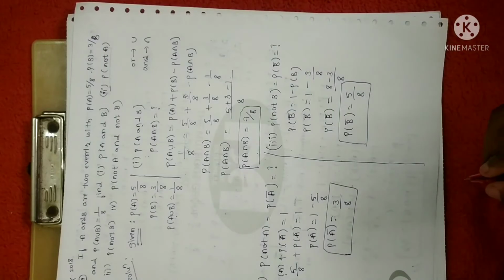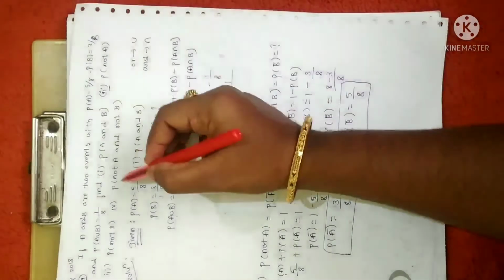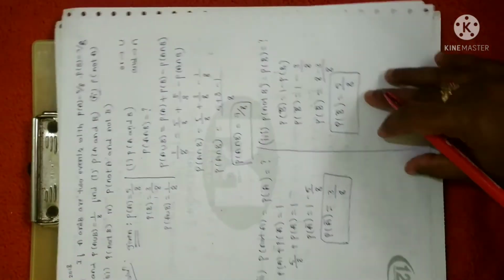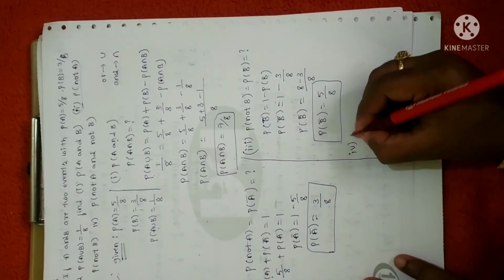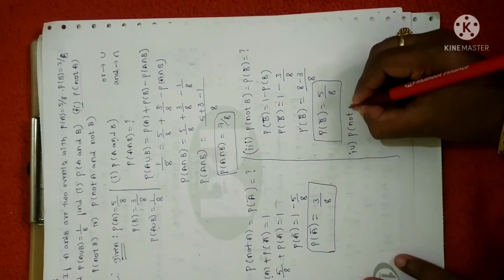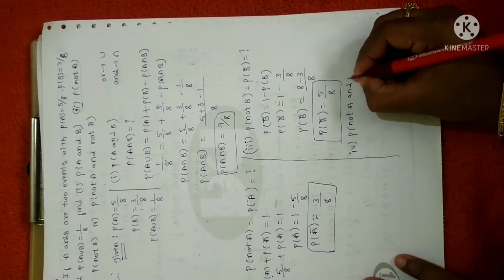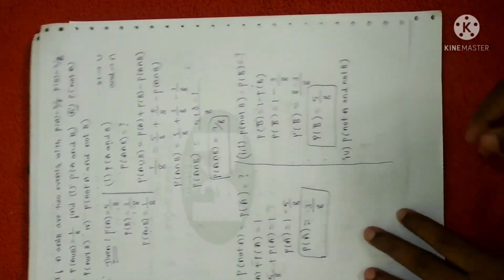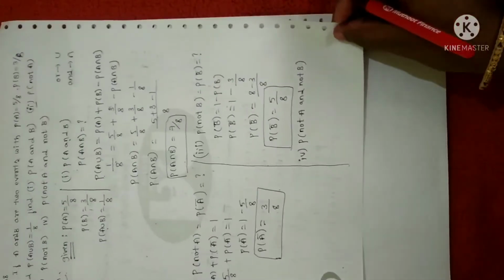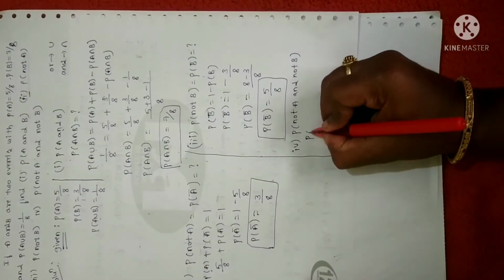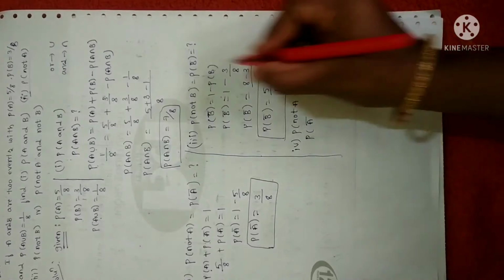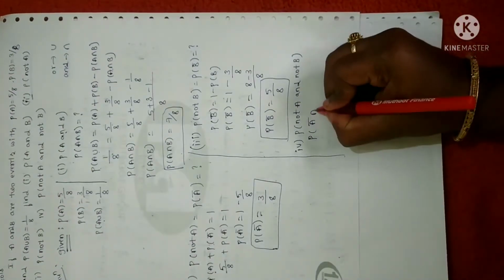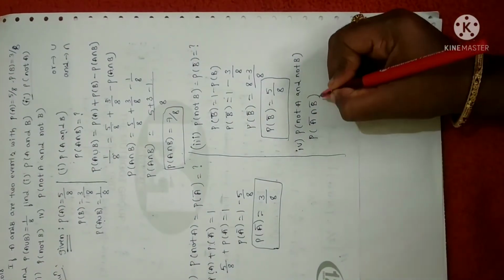Clear? Now, similarly, let me calculate the fourth one. Fourth one, I'll just do here only. Fourth one is probability of not A and not B. First you just write it down in a mathematical form, then you will get an idea to solve. Now probability of not A in the sense probability of A bar, and in the sense intersection, as I already told you, A bar intersection not B in the sense B bar. Fine.